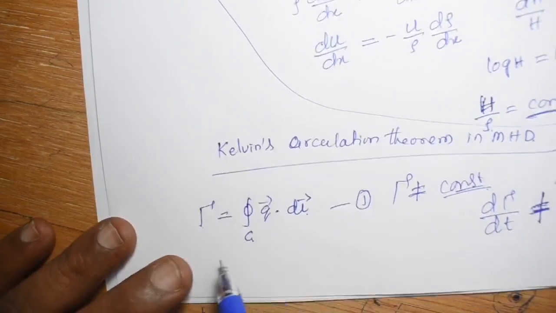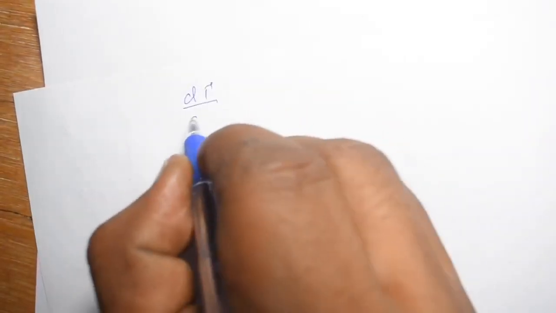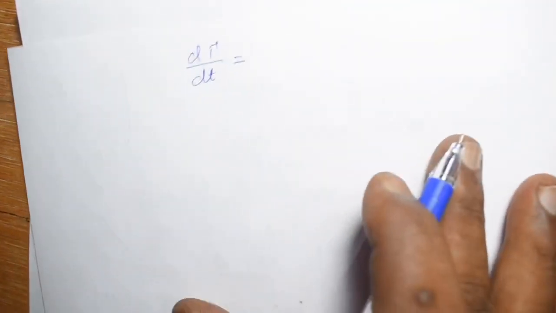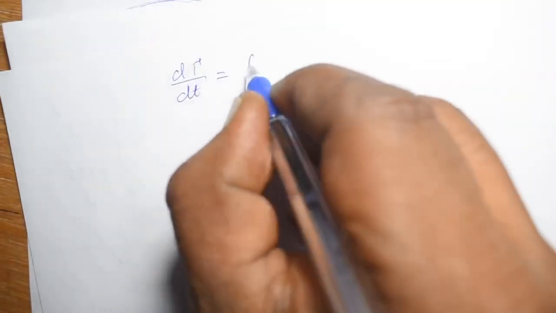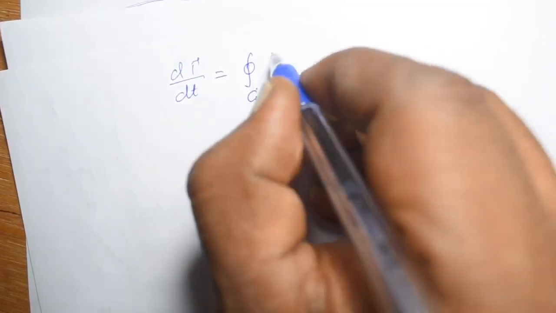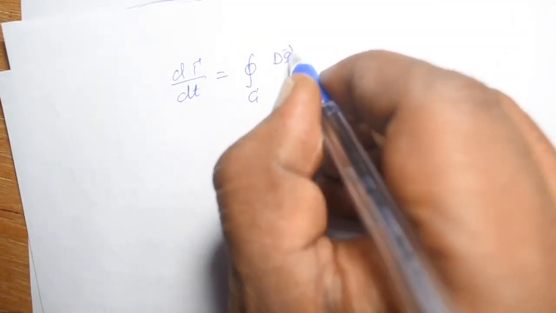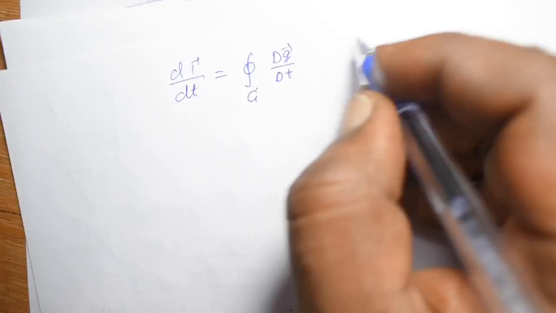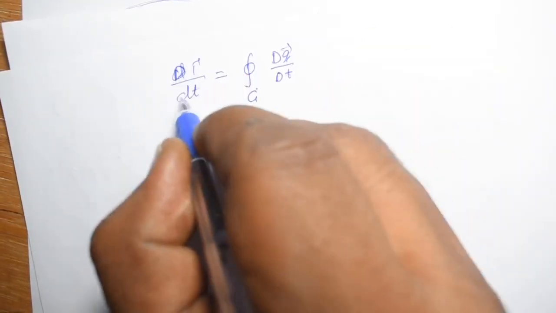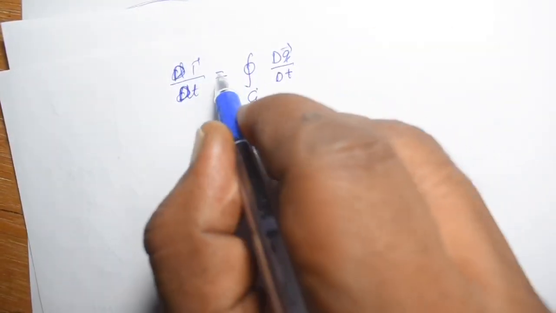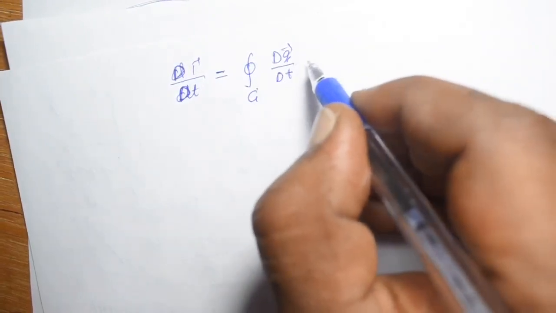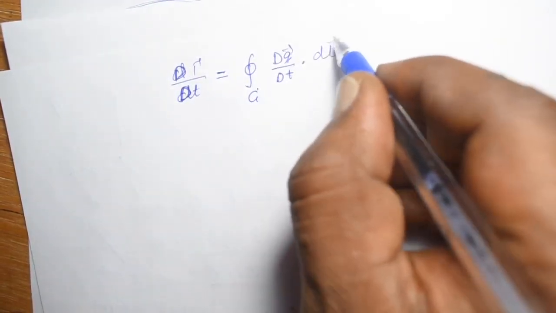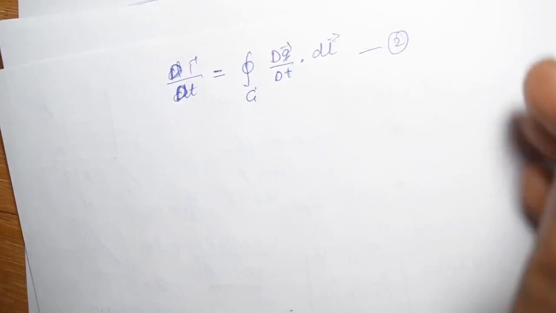Now differentiate this equation. By differentiating, dΓ/dt is equal to the line integral over the closed contour C of (dq/dt) dot dl. Call this equation number 2.